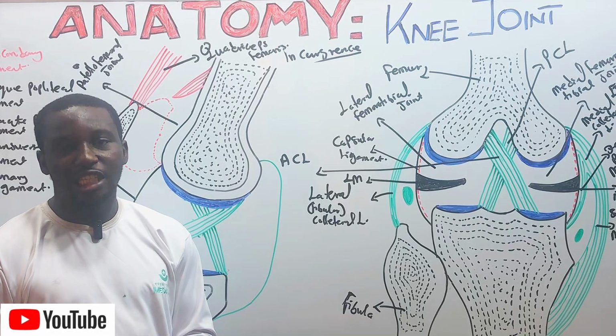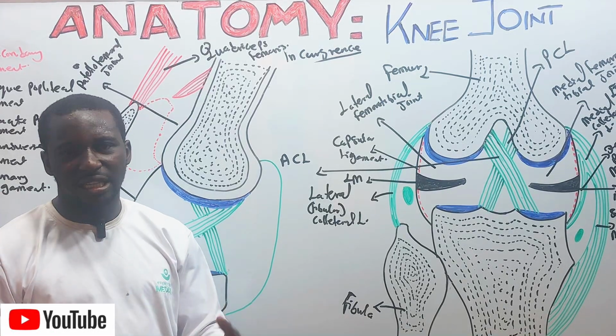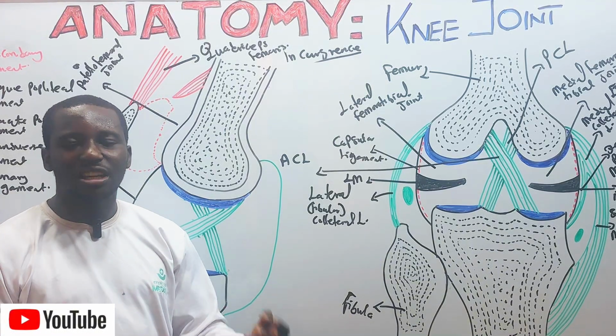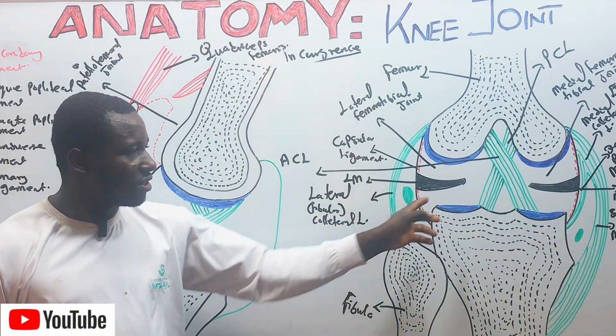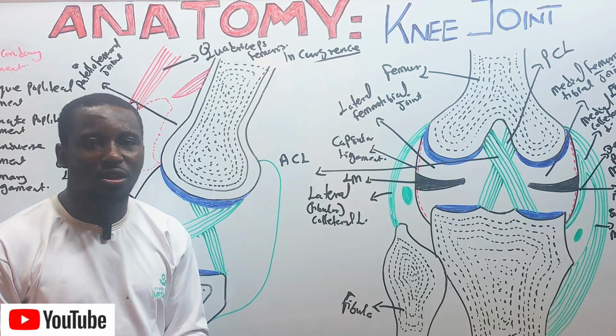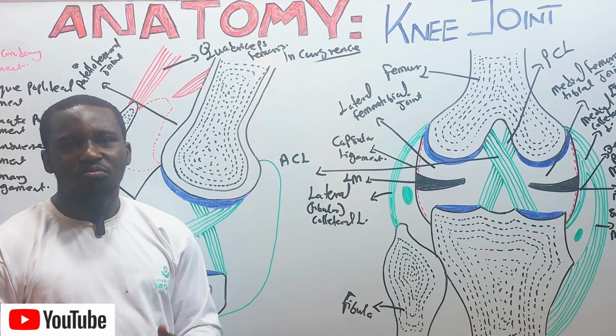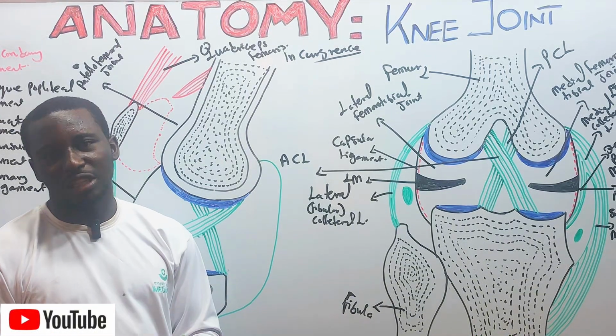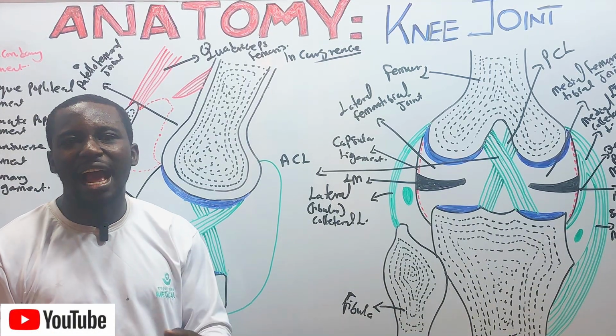As you can see, they are like a disc, an inter-articular disc formed by fibrocartilage. They have a thick peripheral outer border and a thin inner border.